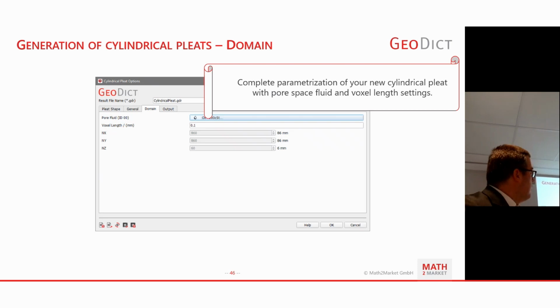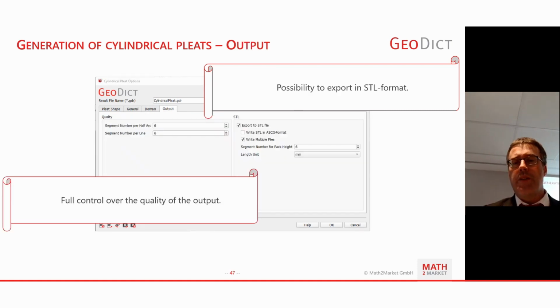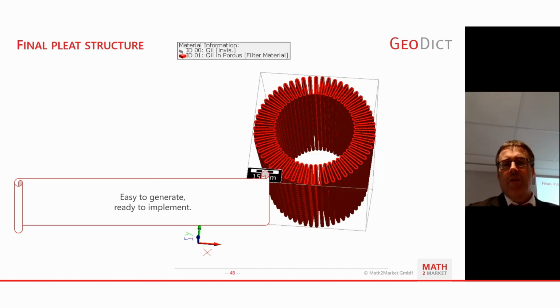So in this case here, it was some sort of 860 squared times 60 voxels. We'll do it a bit differently later on. To complete that, the last tab makes it even possible to export that in STL format, and you have, in this case, full control over the quality of your output. So all you've seen here is how we have generated our pleat structure.